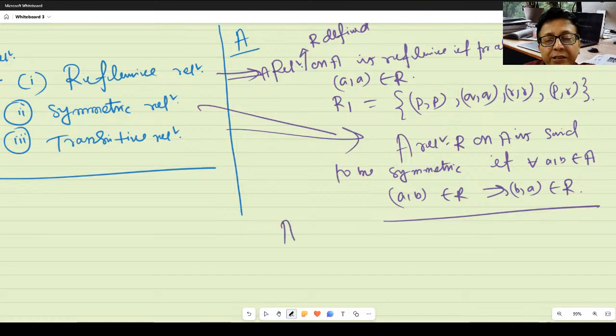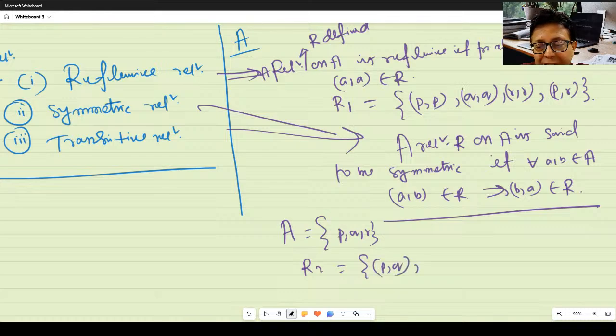Which set? A equal to {P, Q}. So I am defining R2 equal to {(P, Q), (P, R)}. This is not symmetric because (P, Q) is there but (Q, P) is not there.